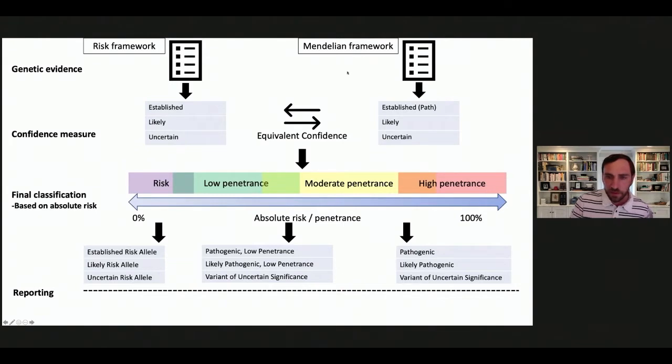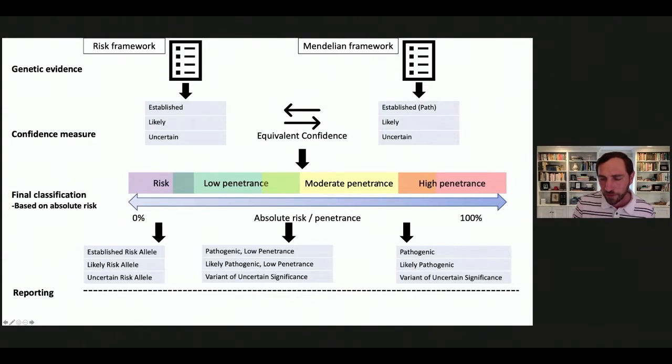Then the idea is that from this equivalent confidence, once you had the final classification, the final terminology would be based upon the absolute risk. Things that fall into this category would be considered risk alleles. Things in here would be low penetrance, things up here high penetrance.